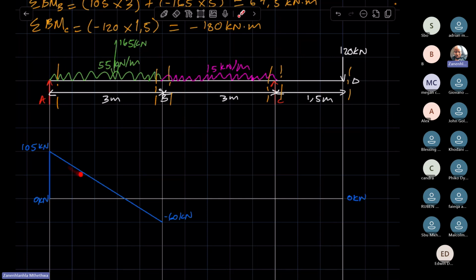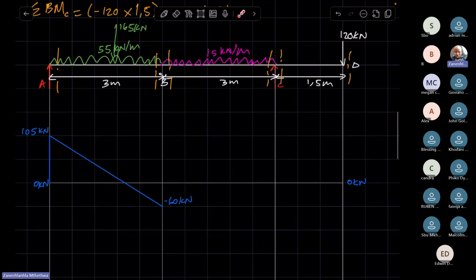This line is an indication that in this span of the beam we have a UDL. Are we clear? Yes. All right, so that's negative 60.